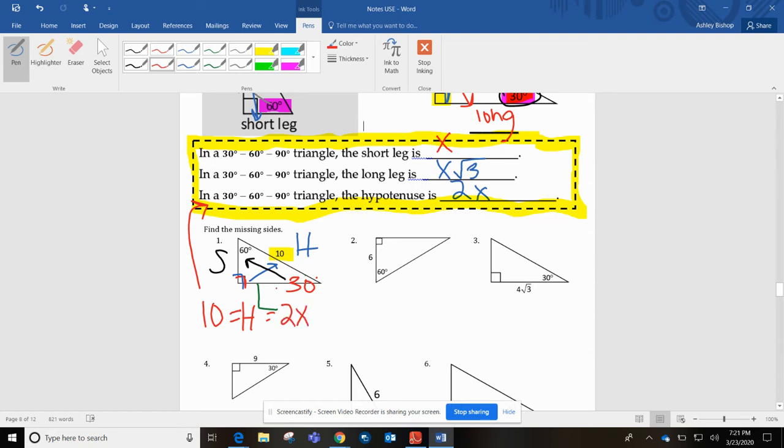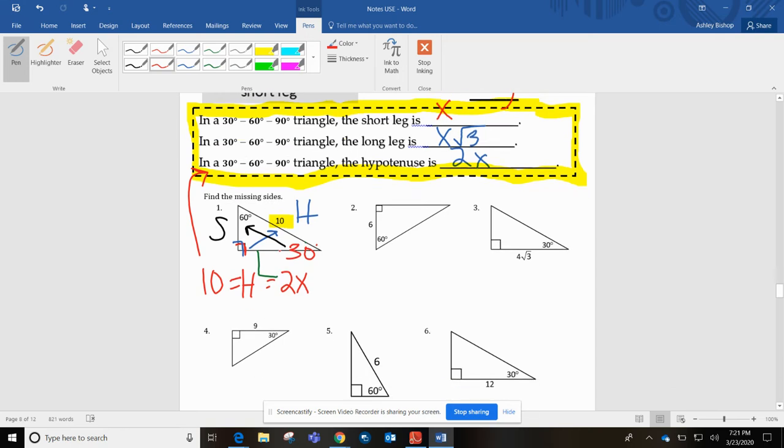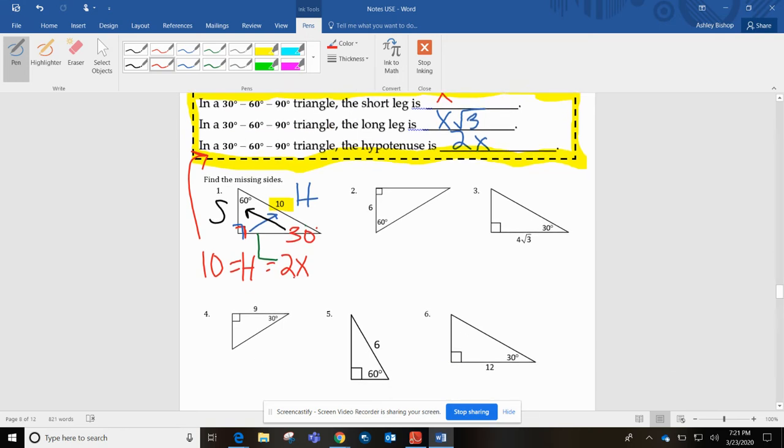So you want to write down what piece of information you were given and what the rules say that's equal to. We were given my hypotenuse, which is equal to 10, but that's also equal to 2x. So the hypotenuse is equal to 10, which is also equal to 2x.